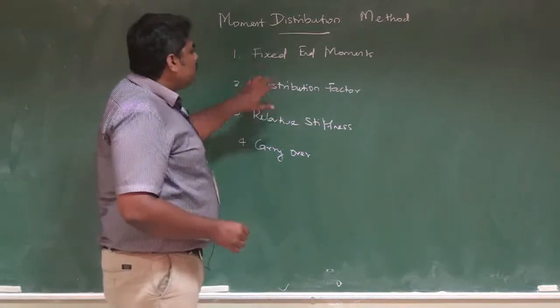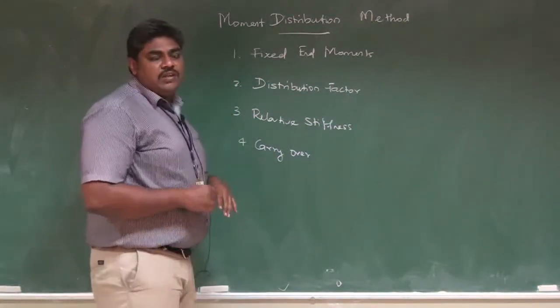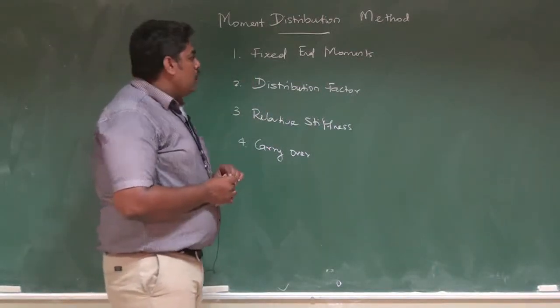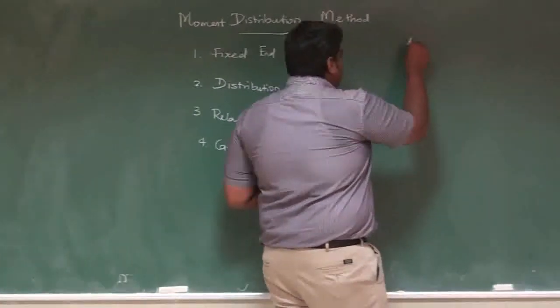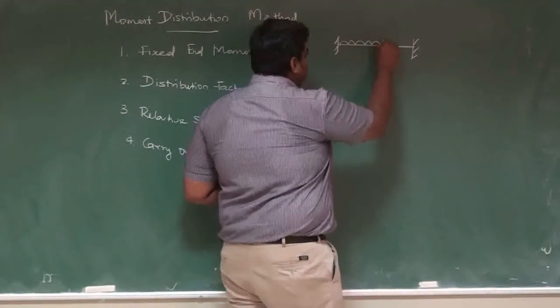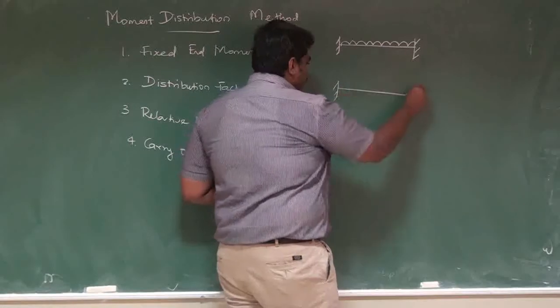So fixed end moments, as you remember, is the step which we started with in the slope deflection method, the first step. I will give you a small hint. For fixed end moments, there are 3 common terms which you should remember, the major formulas.